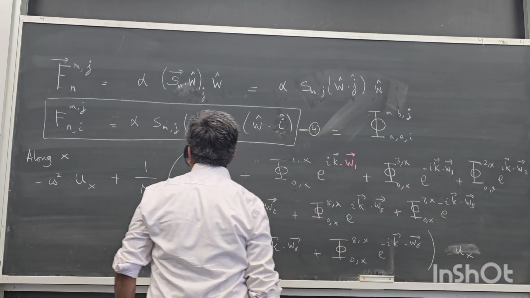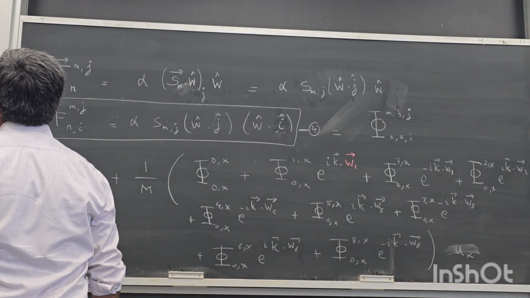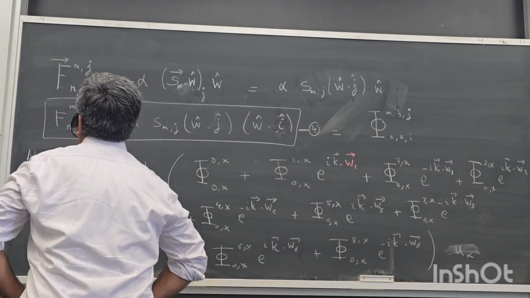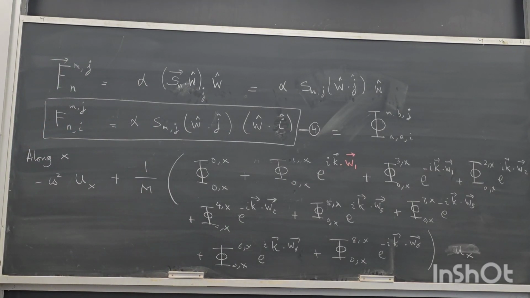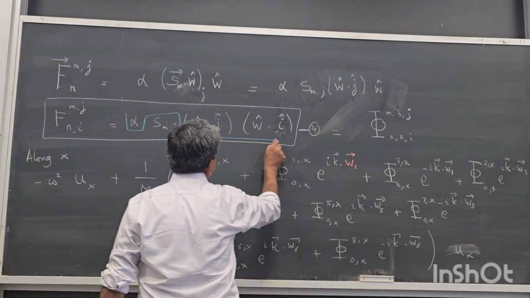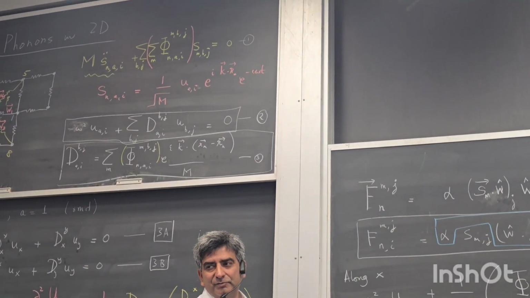So if I compare equation number 4 with equation number 1, this term here is the corresponding phi, what I've written in blue.